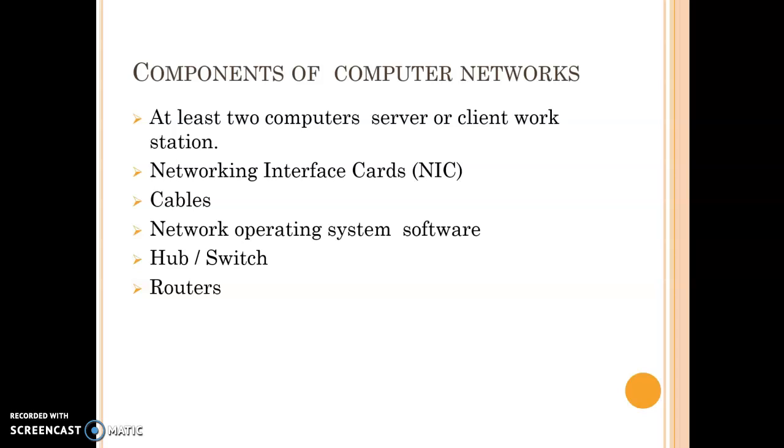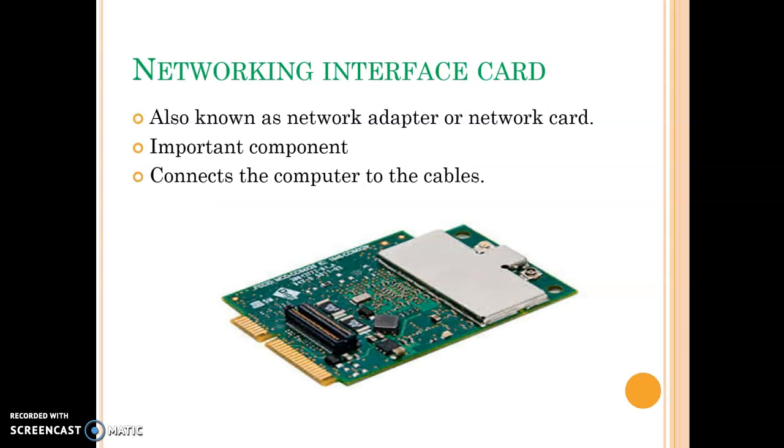A network operating system is a requirement for getting connected. Our operating system must have networking capabilities built in. And there are also external devices like hubs or switches and routers that are used as components of computer networks.